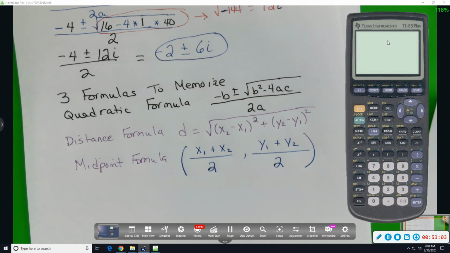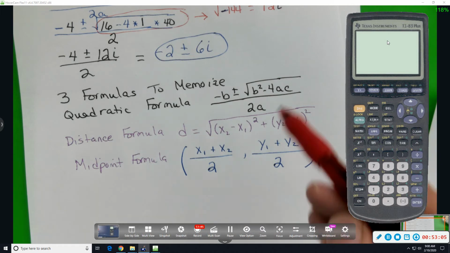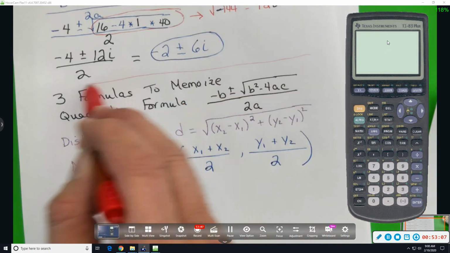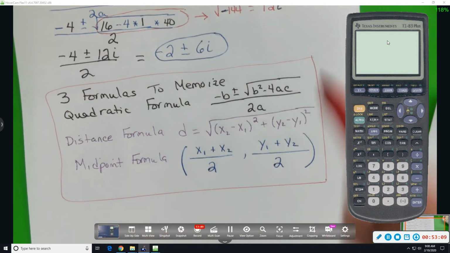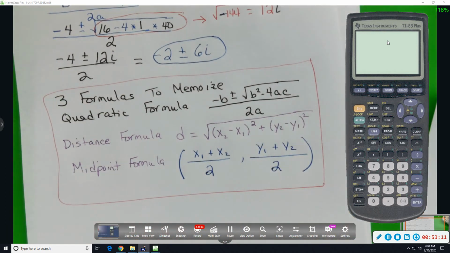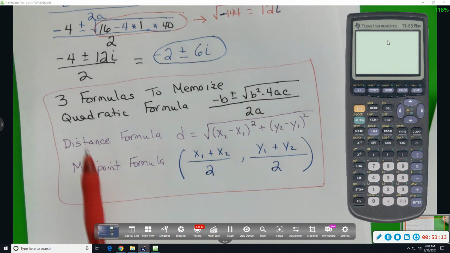So, if you want to know what 3 formulas you should have memorized, there they are. The last 2, the distance and midpoint, are new formulas. By new, I mean we just did them on Wednesday. They're not new to the world of math. There's nothing in this course new to the world of math.